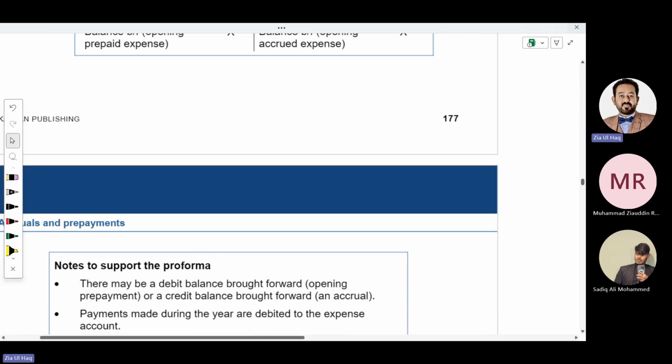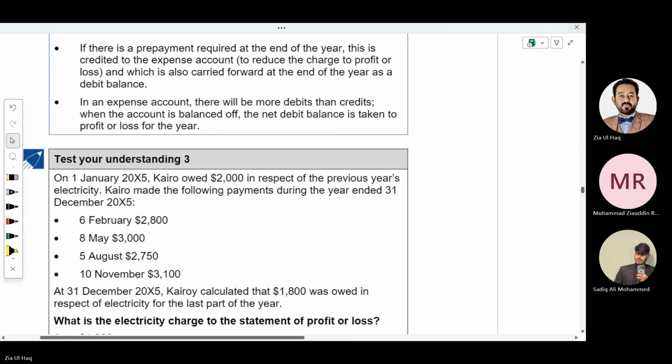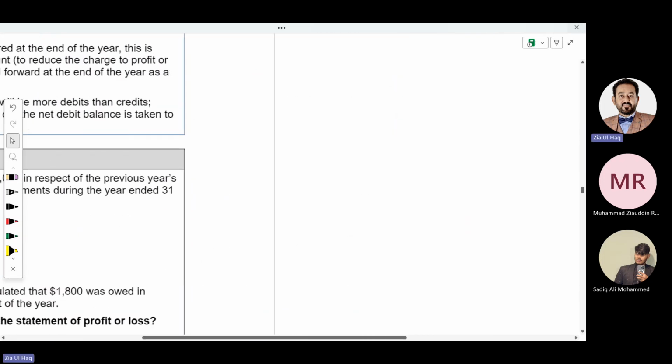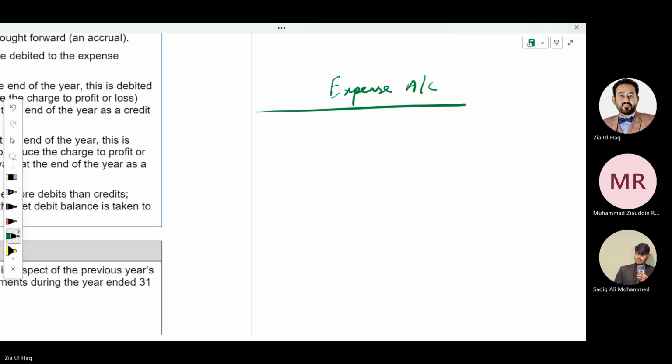Okay, now let's discuss something else. If we look at expense account in ledger, this is debit side and this is credit side.